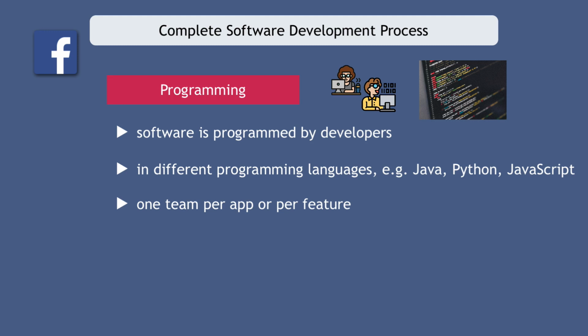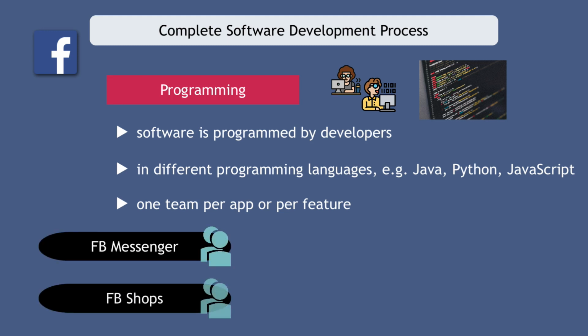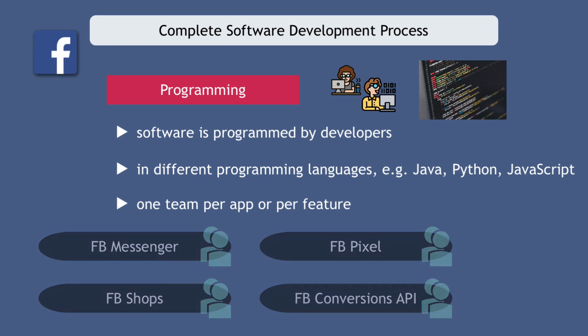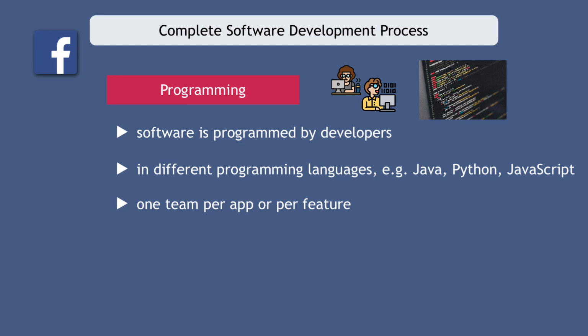For example, Facebook Messenger will have its own development team. Maybe the business side or the business features of the Facebook application will have its own team, and so on. And these are the people who write code for creating new functionalities in the application. But also, if something doesn't work in the application, they fix those issues.